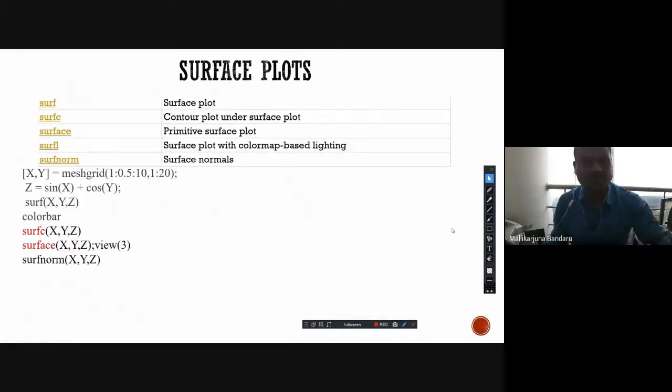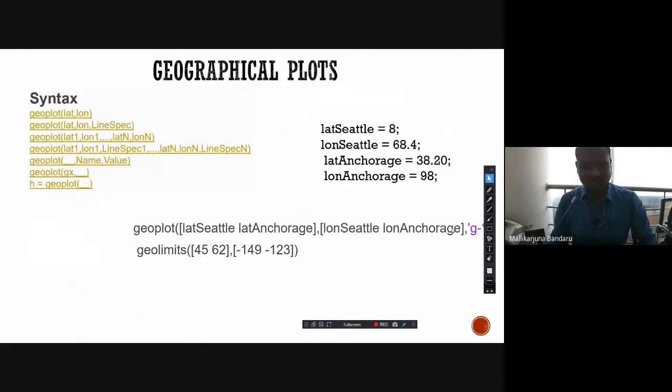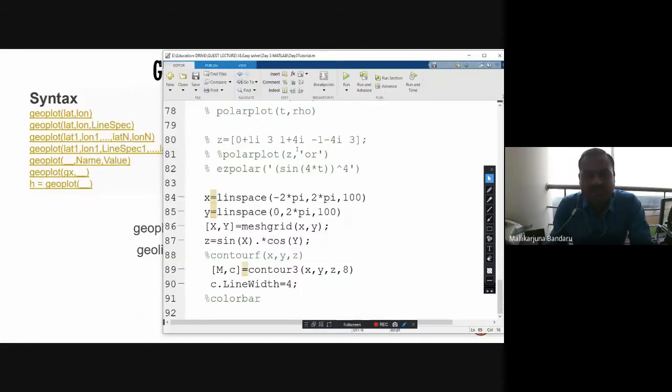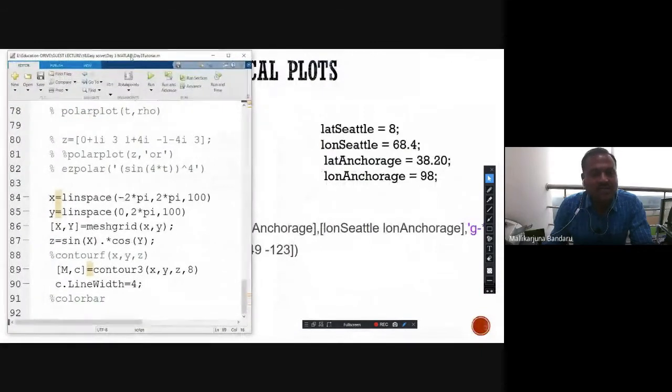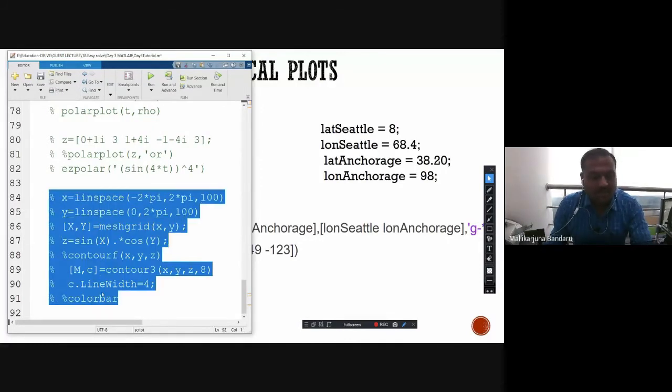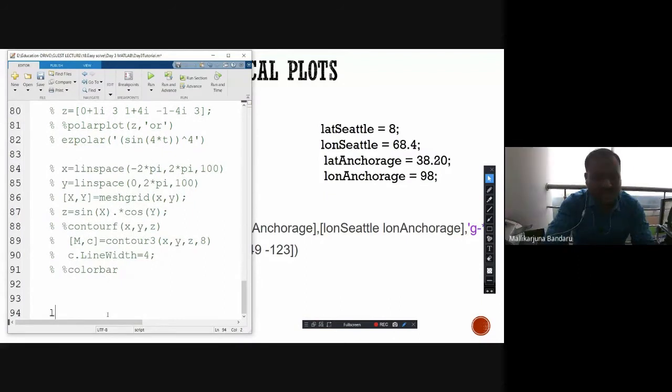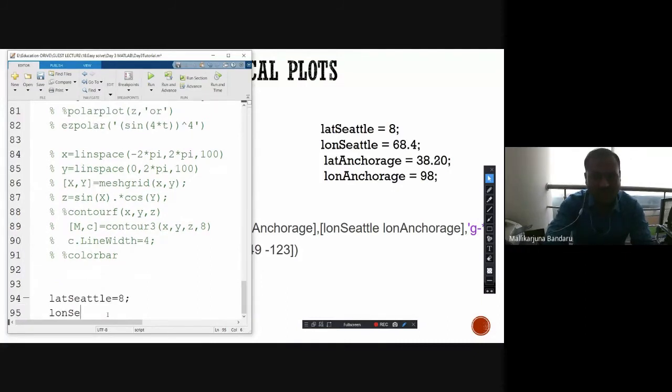How do you draw surface plots and geographical plots? I would like to visualize this geographical plot because it gives nice information. Suppose, as an example, in a certain area, how much percentage of the people are affected with a certain disease. How do you visualize it? How do you explain it to people graphically? I would like to take lat equal to, suppose, 8 and lon.